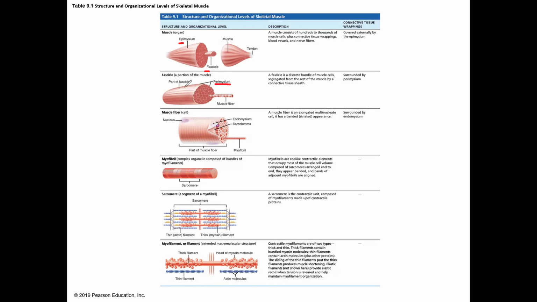The units inside the fascicle, if you pull one out, are muscle fibers, which are muscle cells. The connective tissue around the muscle cell is called the endomysium. The cell membrane of the muscle cell is called the sarcolemma.